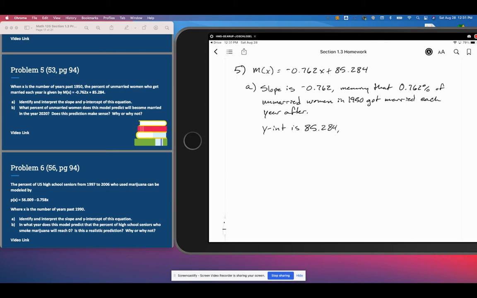85.284, meaning that in the beginning, in this case 1950, 85.284% of women were married.